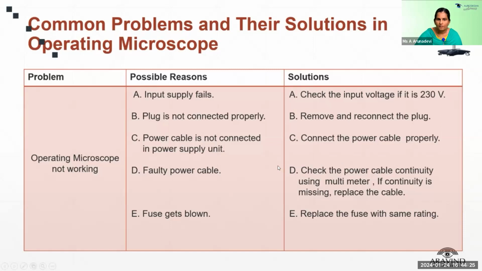Sometimes the power cable is not connected in the power supply unit; connect the power cable properly. Sometimes the power cable is faulty; check the power cable continuity using a multimeter. If continuity is missing, replace the cable. And sometimes the fuse gets blown; replace the fuse with the same rating.